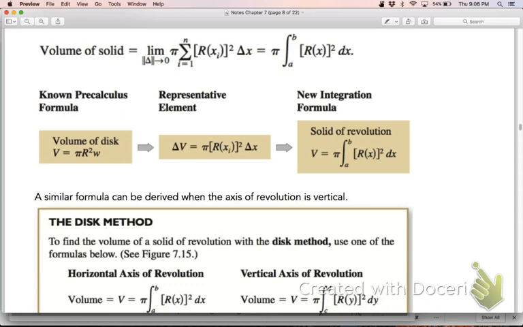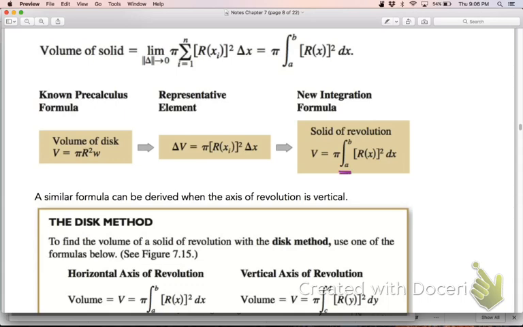Okay. And so the way that we're going to figure this out is we kind of translate this into calculus. This would be where we take our summation, but we know that we can translate these summations even nicer into an integral. And so the way this will work is this is basically the volume formula for a cylinder. Pi r squared times the height.